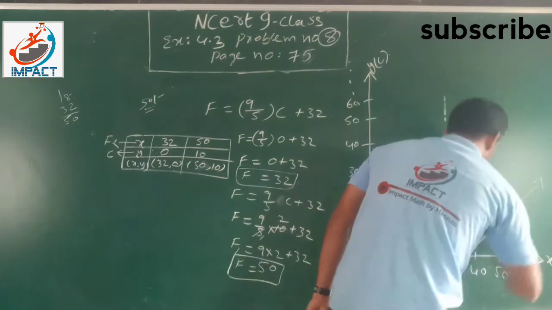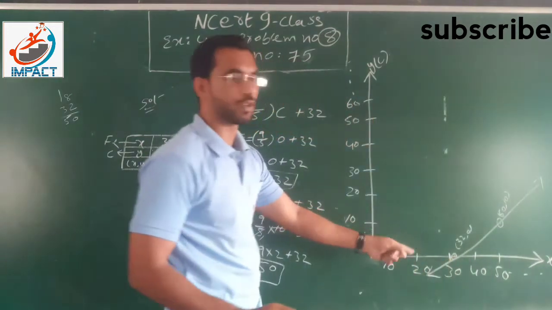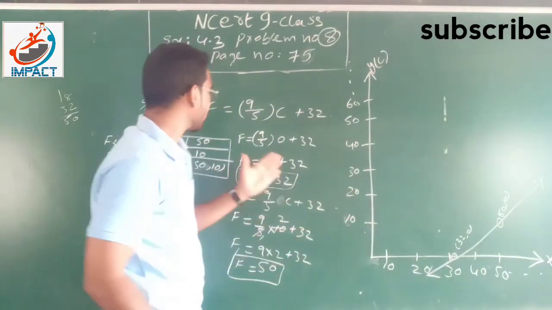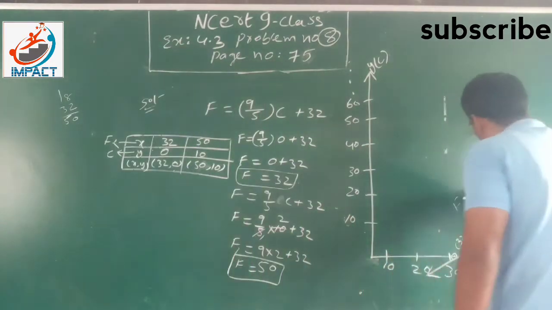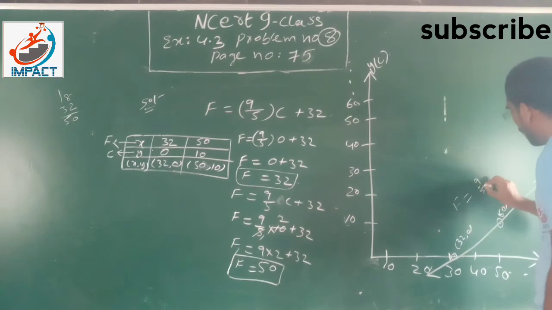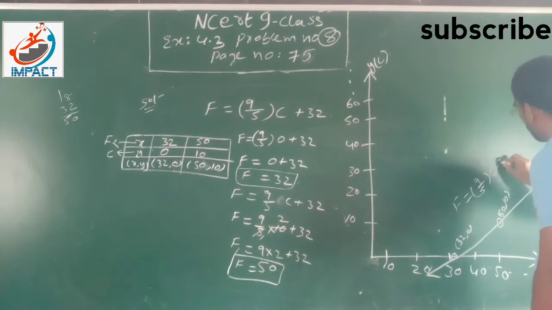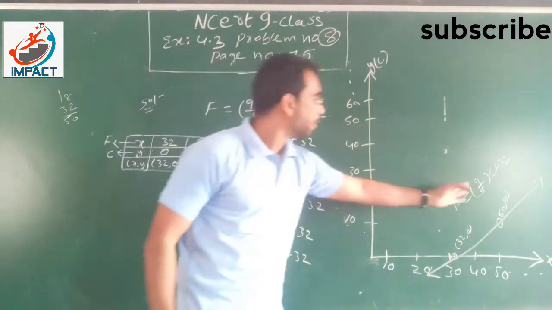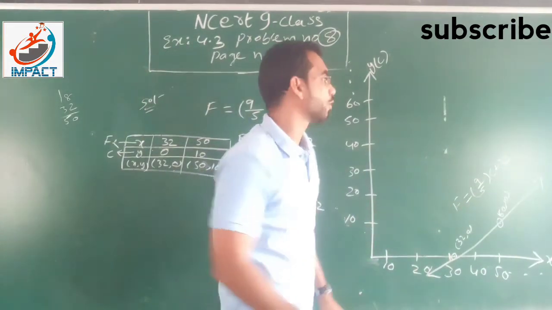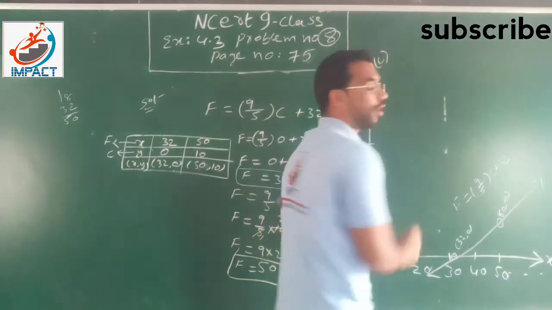It is forming a linear equation. If you want, you can also write the equation: F is equal to 9 by 5 into C plus 32. How should we write the scale?